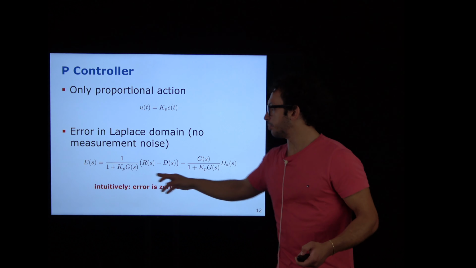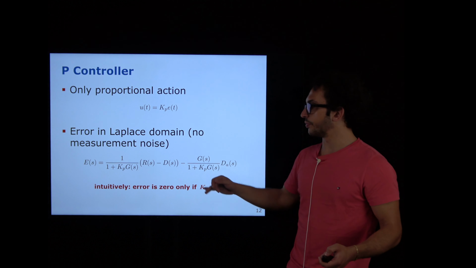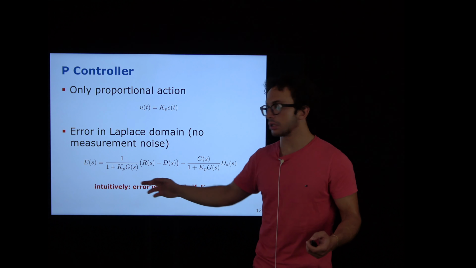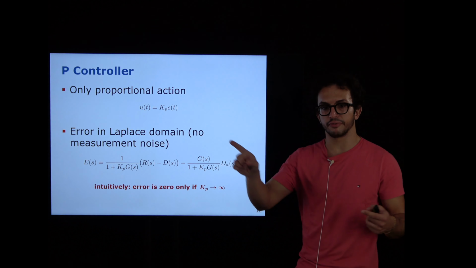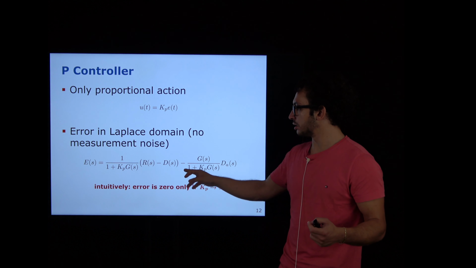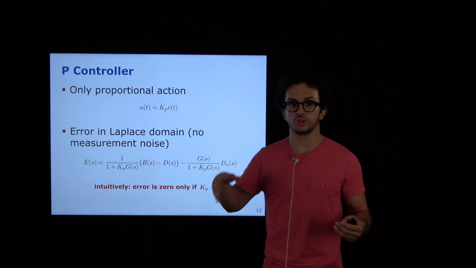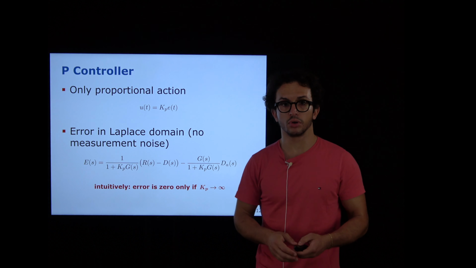But there's Kp here and here. So we can intuitively see from calculus that if K goes to infinity, then this goes to infinity, and therefore the fraction here goes to zero. Both fractions go to zero.